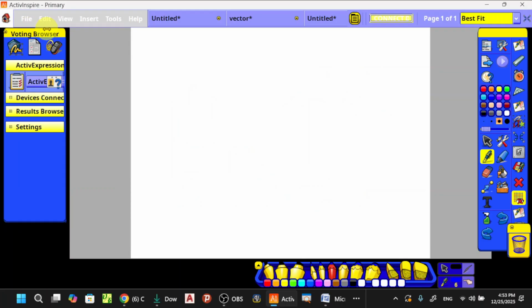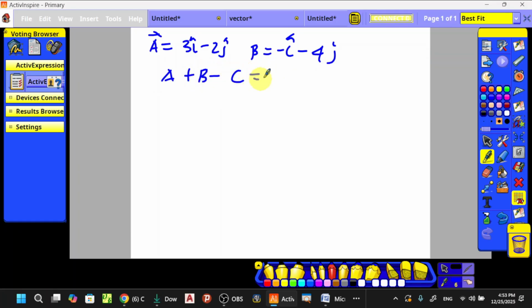So you can try it by yourself first before I solve it for you. So what the question is, it's given that a is equal to 3i minus 2j and b is equal to minus i minus 4j, and you are given a plus b minus c is equal to 0.